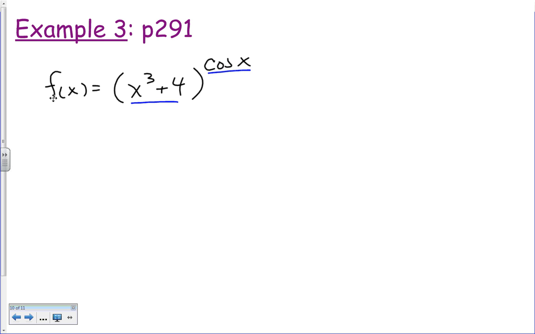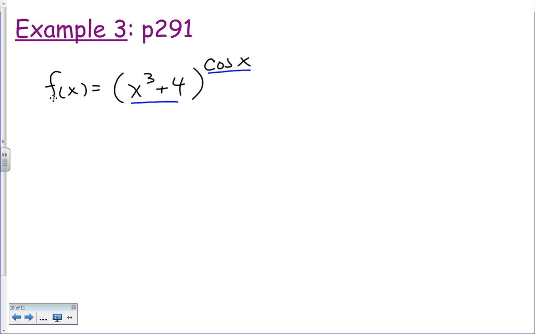It's not just a constant. It's a variable. So with that understanding, if the exponent is the variable, that means we must be looking at an exponential function. However, if you look a little closer at the base, the base has an x in it as well. It's x cubed plus 4, and if the x is in the base, then we say that this must be a power function.